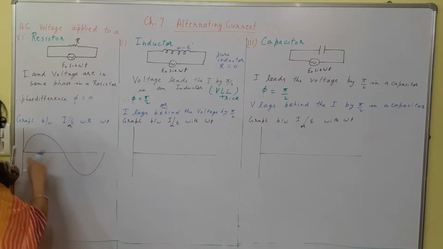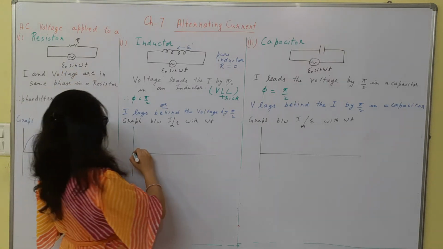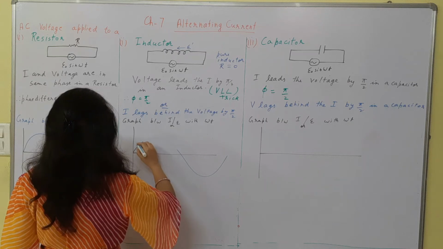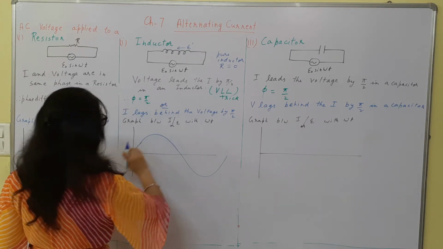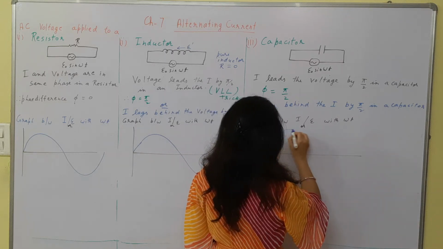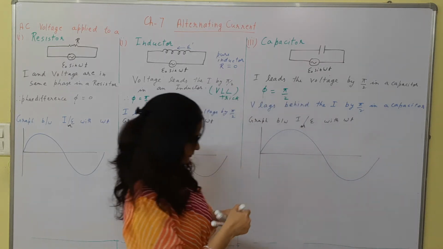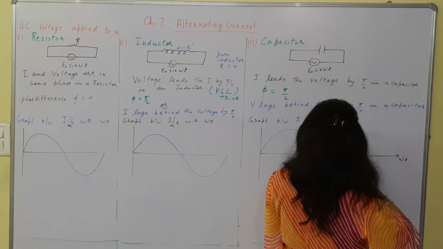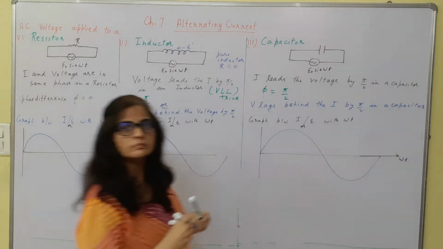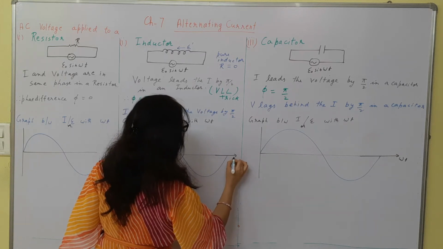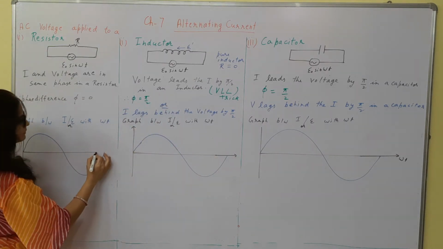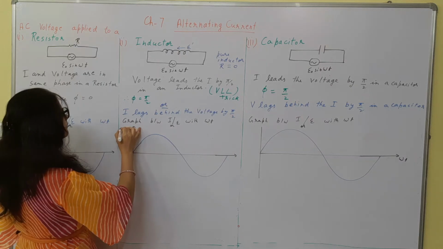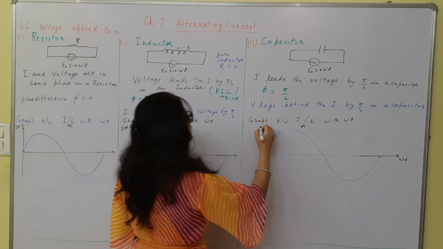So we know that the voltage is sinusoidal, E naught sin omega t. So in all the cases, this is the voltage, must be symmetrical. I'm drawing free hand, so I or V.